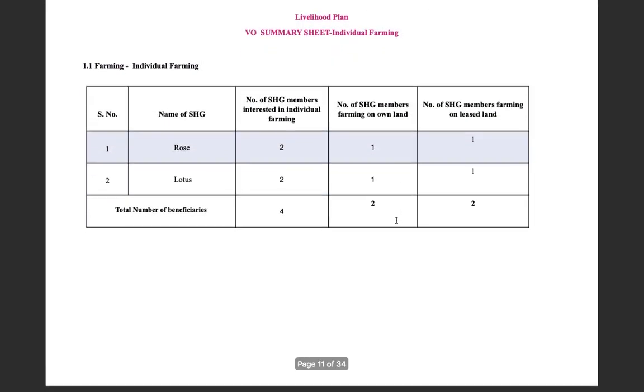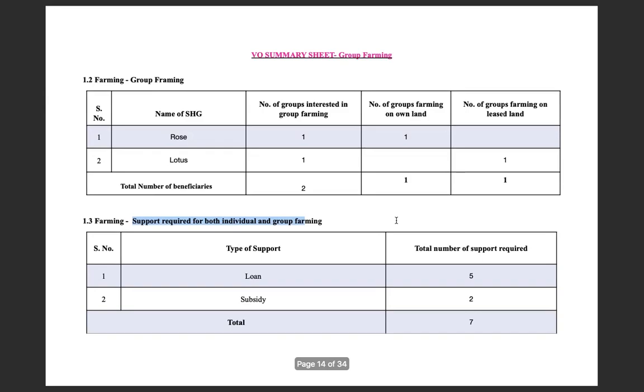From both the individual and group farming, 5 people are interested in getting a loan. So the type of support will be loan, and the total number of support required will come about as 5. Similarly, the subsidy requirement is 2 from both Rose SHG and Lotus SHG, encompassing individual and group farming. So the total comes about as 7.